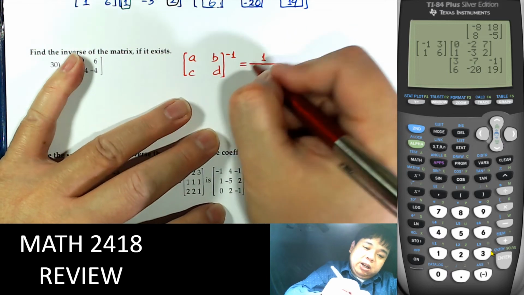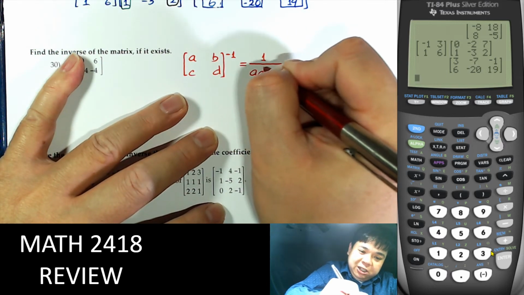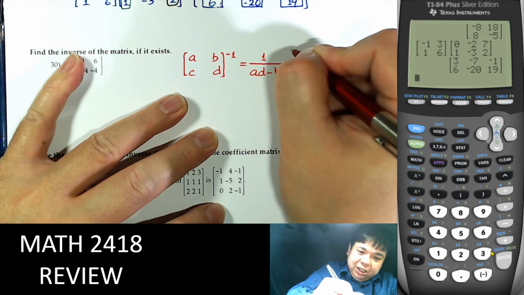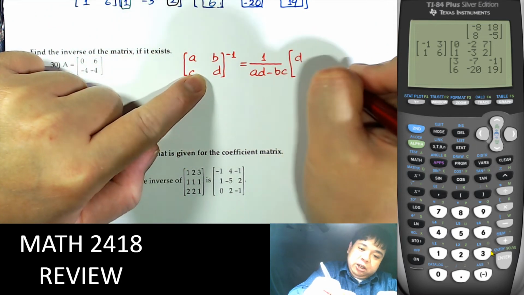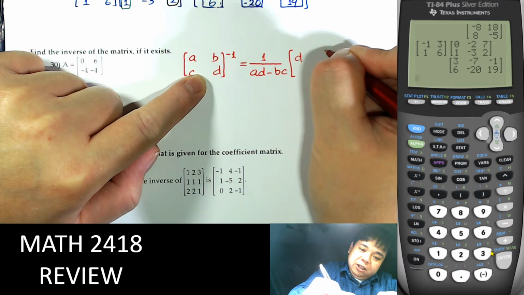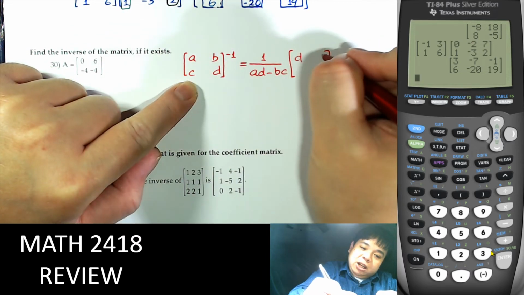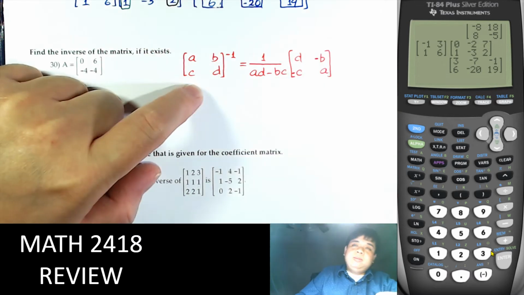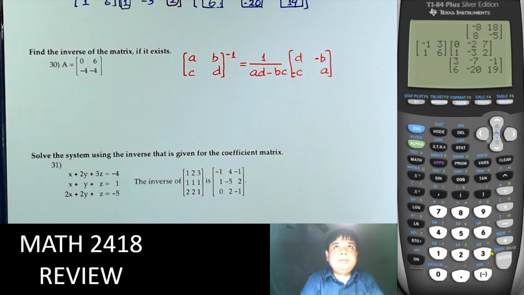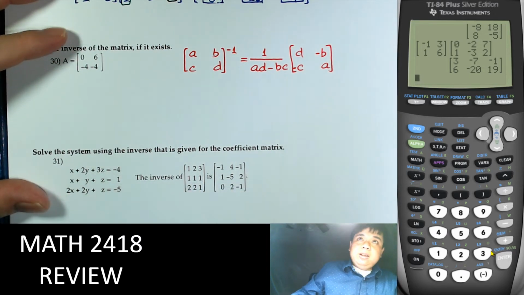So, like cross multiply, subtract. And then the diagonal entries A and D interchange. B and C stay the same. However, we will change the sign. Right. So that's the inverse of a 2 by 2 matrix.